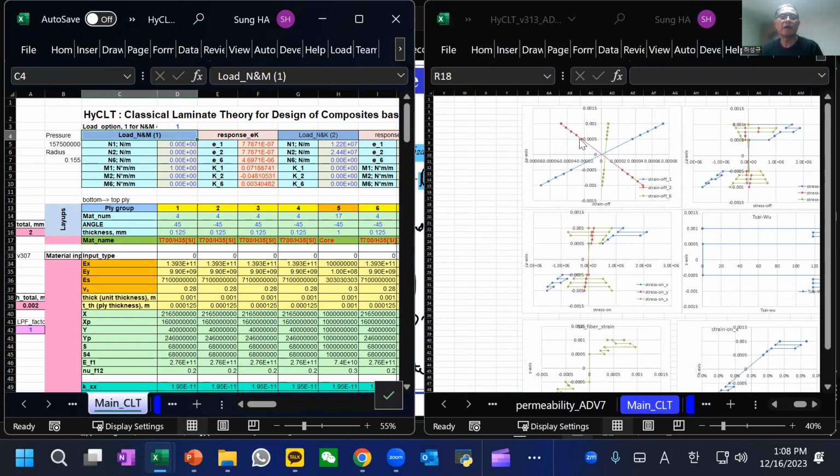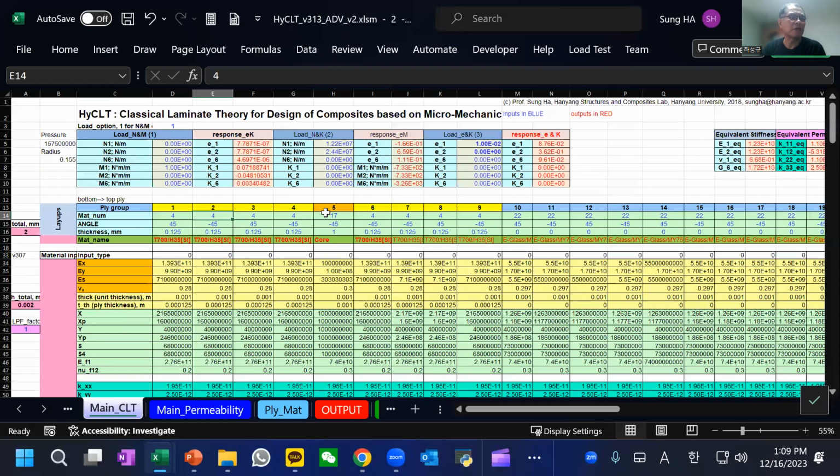As you can see, there are top and bottom, then the middle. From here to there, this is the core, top skin and bottom skin. And this is sigma 1 and sigma 2 and shear. There is a slight shear because this is not perfectly symmetric.